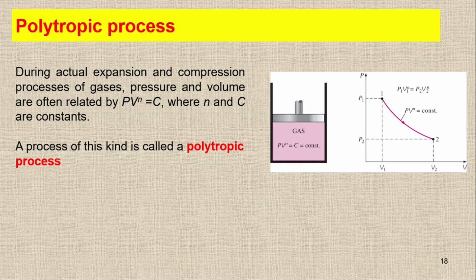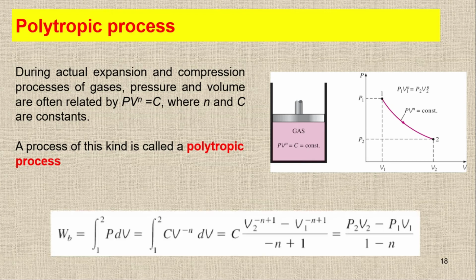For the polytropic process, how can we find the boundary work? Simply, for the boundary work, we have the basic formula, the integral of P dV between the two limits from 1 to 2. Now I can easily replace P by C divided by V^n, and I can take this C outside the integral sign.